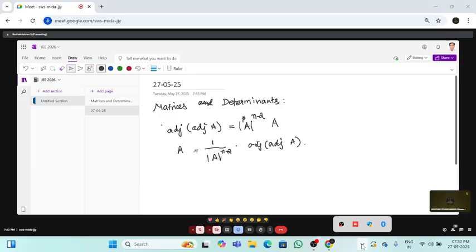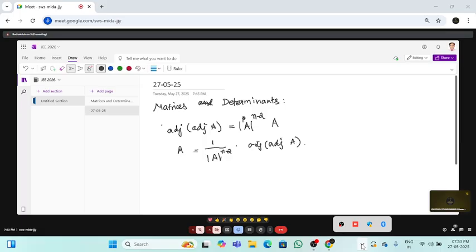You are given adj. Let somebody else answer. How can we get the determinant of A from it? What is the formula for that? So adj is given to you as a matrix, and you have to find out the determinant of A. The various properties are there, but then you should know when to apply what property.